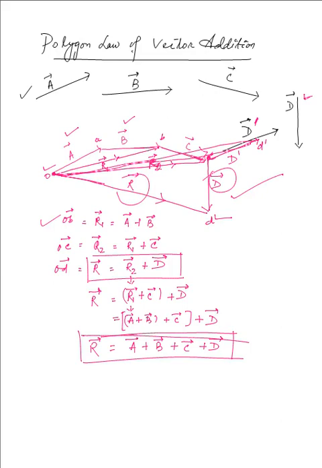And obviously it takes the help of vector addition of two vectors. And this is the general addition formula of vectors, but you obviously know that we are using the triangle law in this case.